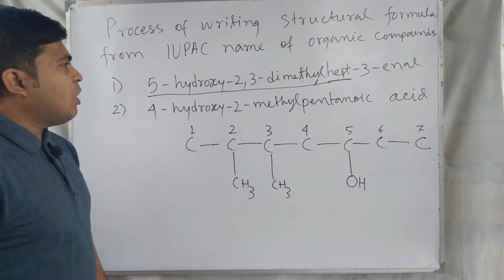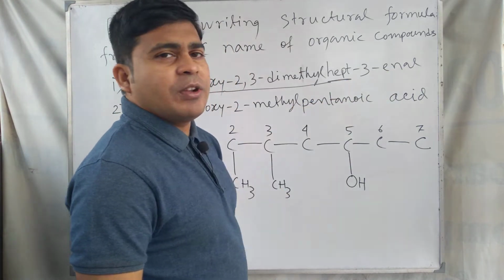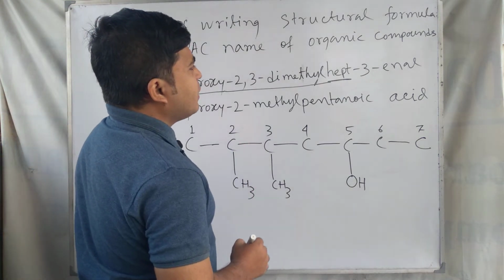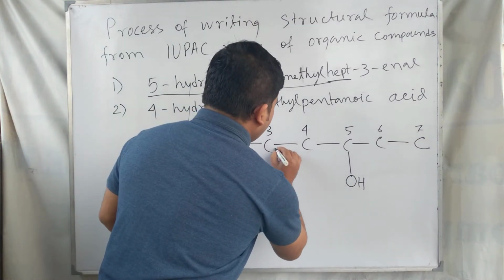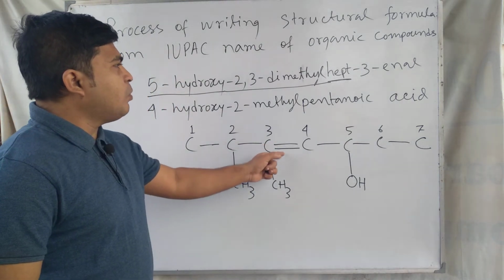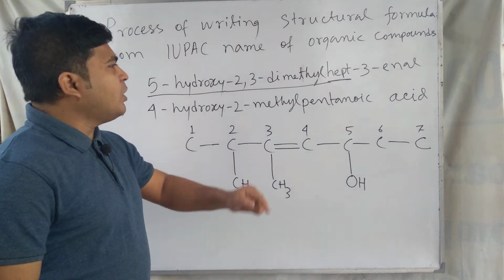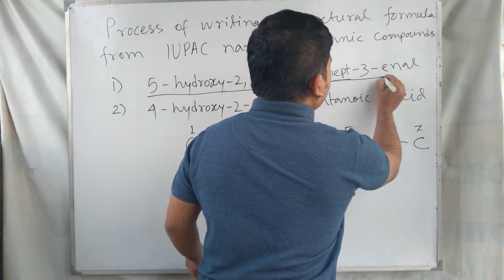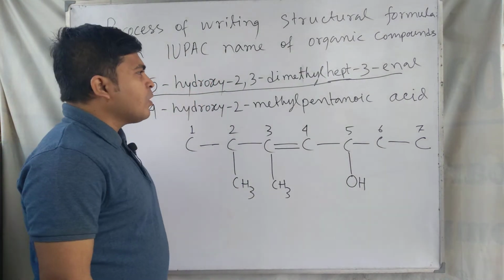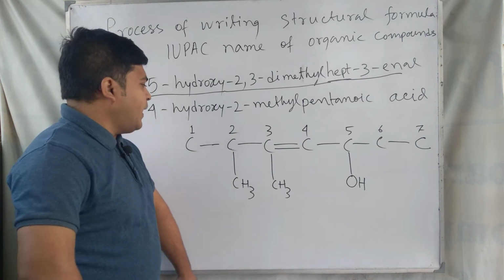Now we next need to write the 3-ene position. 3 means this position, and 3-ene means a double bond at the 3 position. So we are writing up to here, and next, al is the suffix for aldehyde.